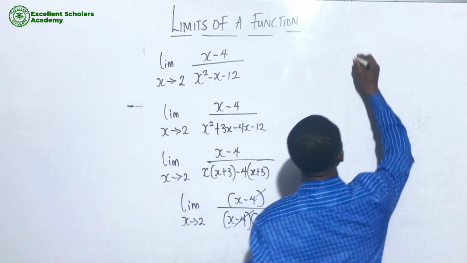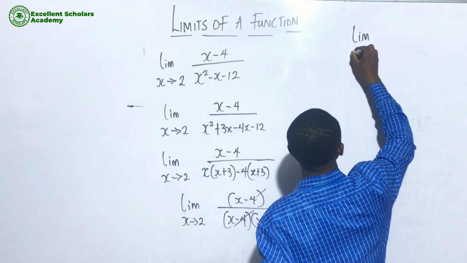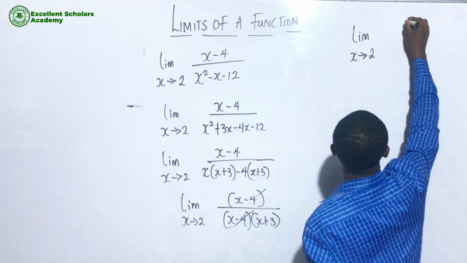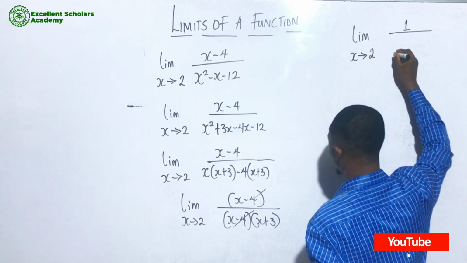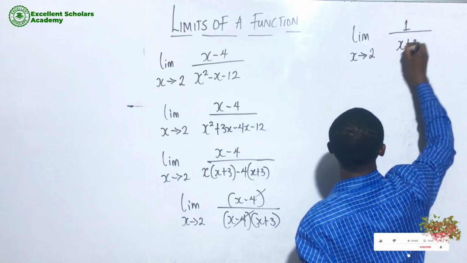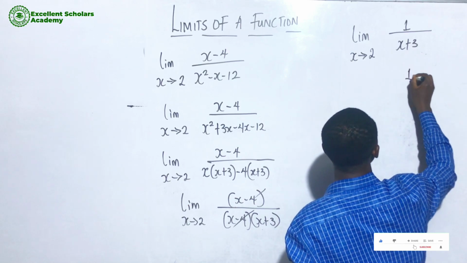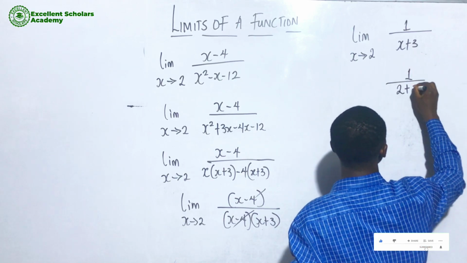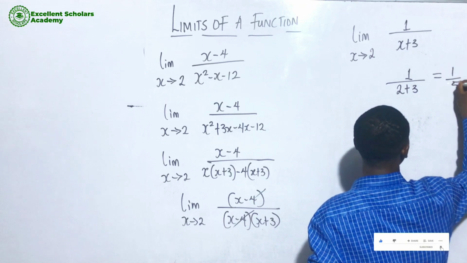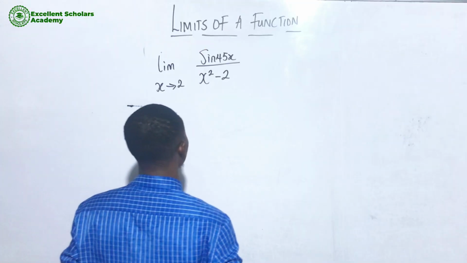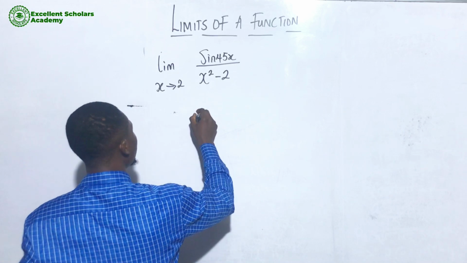So we're left with the limit as x tends to 2. What we're left with here is 1 over x plus 3. So now let's take the limit as x tends to 2. So it becomes 1 over 2 plus 3, which gives us 1 over 5. That's our answer.